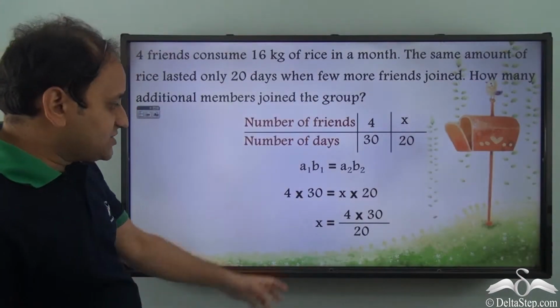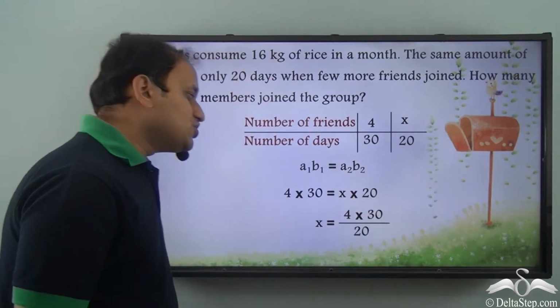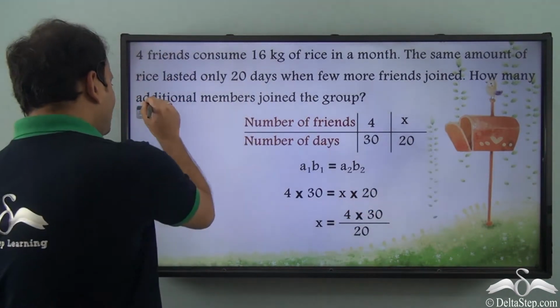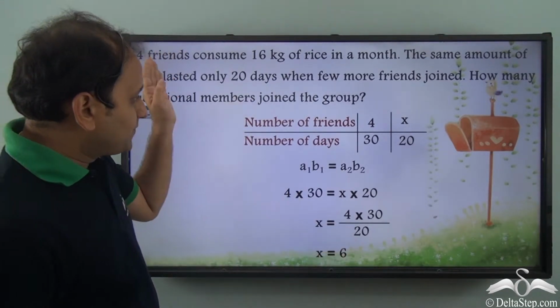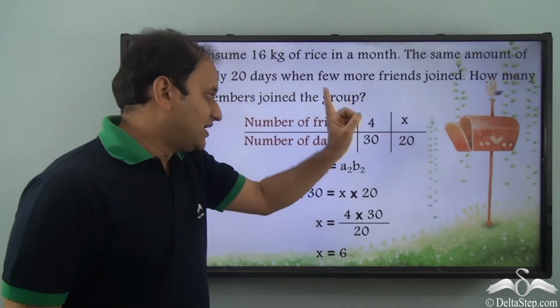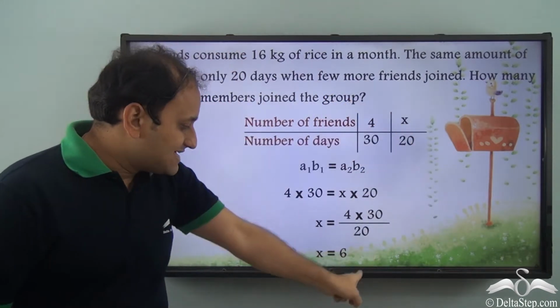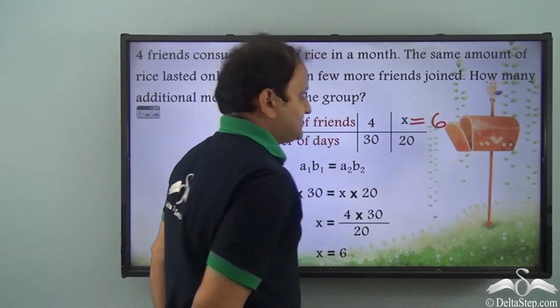By cross multiplication, we can write it as x is equal to 4 into 30 by 20. Now solving this, what do we get? x is equal to 6. So the number of friends who will consume the same amount of rice in 20 days will be 6.